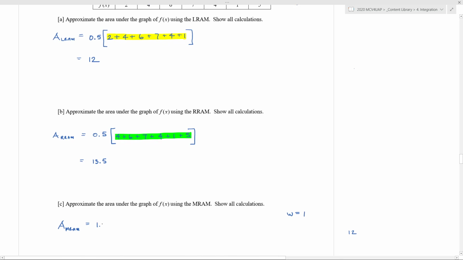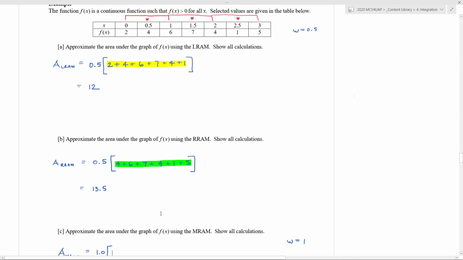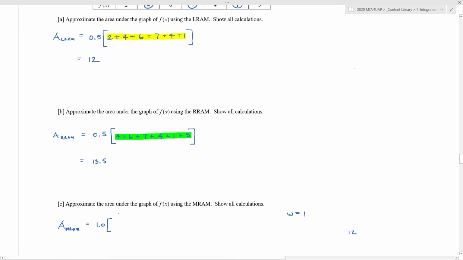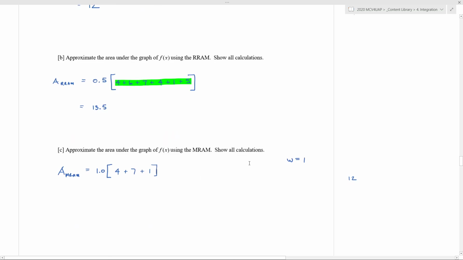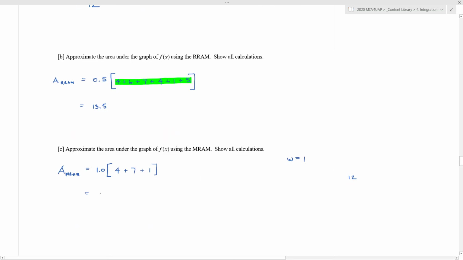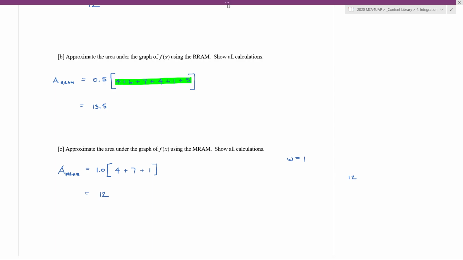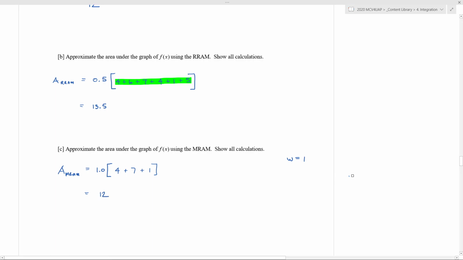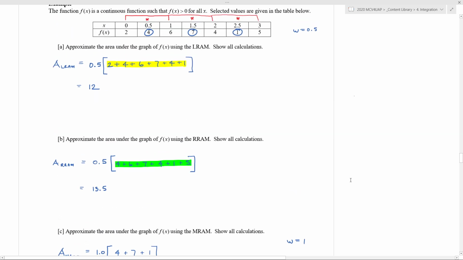So I get 1.0 times, now the height of the rectangle is the Y value in the middle. So it's these values right here. 4 plus 7 plus 1. And if you add that up and multiply by 1, you get 12. Okay? So that's how you would do a midpoint given that table like that.